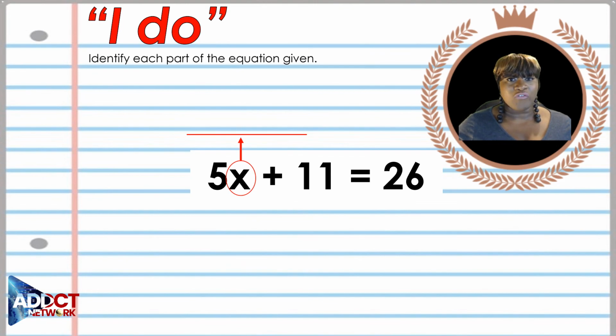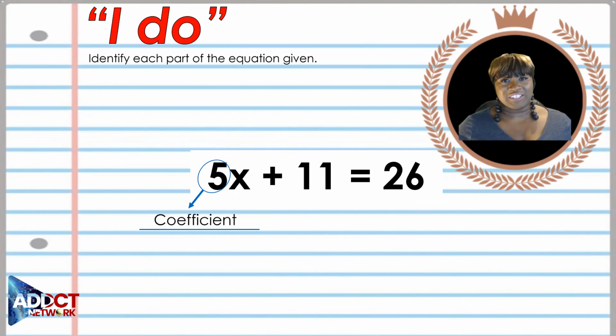If we can recall from our equations vocabulary, we will recognize that x is a variable. The next number that's outlined is 5. If we notice where 5 is positioned, 5 is being multiplied times the variable. It's the number in front of a variable, and we know that that is a coefficient.